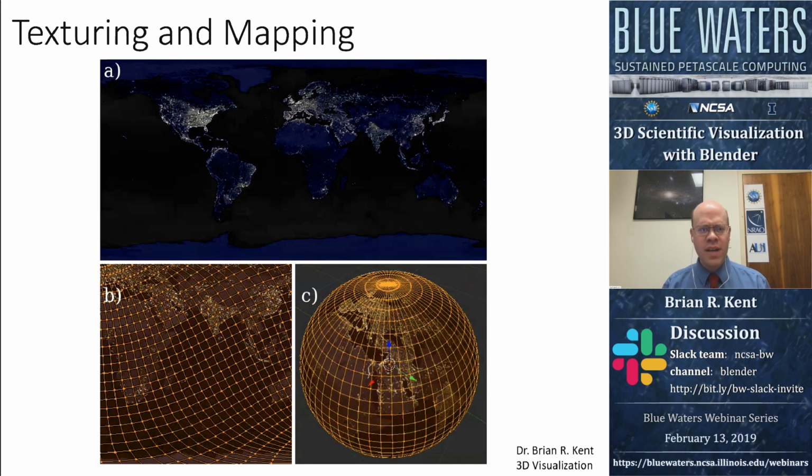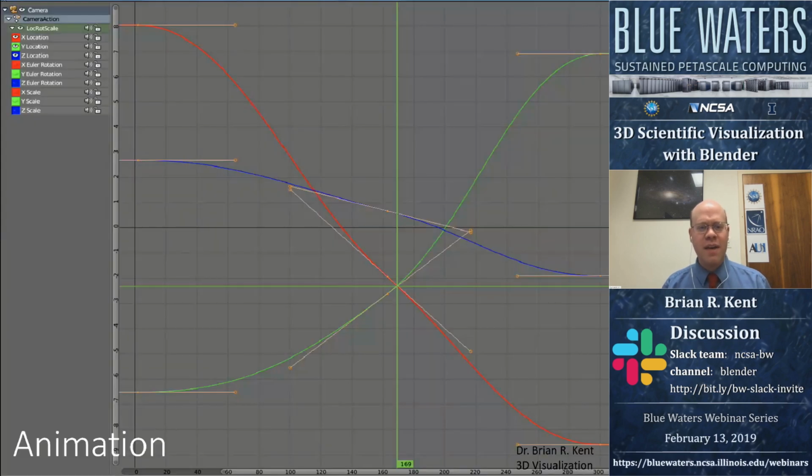Once we have our model, in the case of doing a planetary mapping, we can take examples like data from NASA and Planet Earth and actually map those projections onto a sphere. Once we have that, we can actually animate our data. This is a graph view of the animation, and you can tell from the sine curves here, we're actually doing a rotating camera view where we've got our location, our rotation, and our scaling.